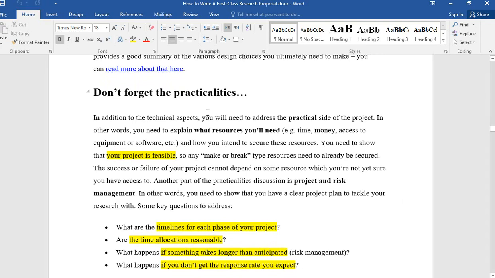Don't forget the practicalities. Here we are going to talk about the practical aspects of your research. In addition to the technical aspects, you will need to address the practical side of the project. In other words, you need to explain what resources you'll need, for example, time, money, access to equipment or software, etc., and how you intend to secure these resources.